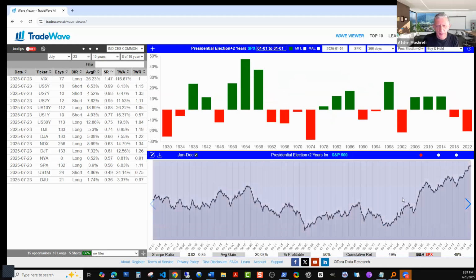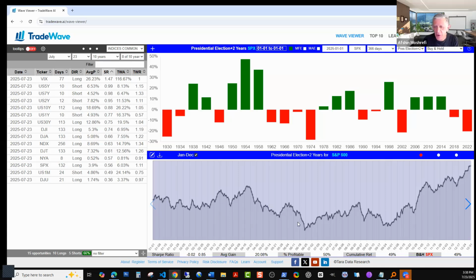There. This is buy and hold for P plus 2 years. And as you can see, the last year shown is 2022, which the year after would be 2026. Now look at this. This is the beginning of the year, and as you can see, it's very volatile.